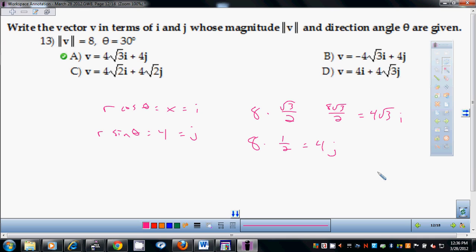You're more than welcome to punch it in the calculator, but you're going to get something like 2.76, and you have to punch these in and see which one equals that, which you can do, but it's probably a little hard, because you have to do an extra step. Using the unit circle will help you with these. Are there questions about where any of this is coming from?